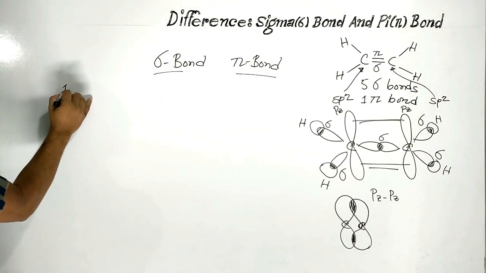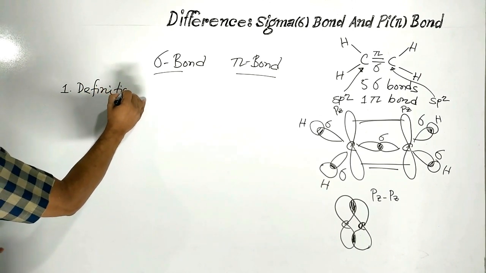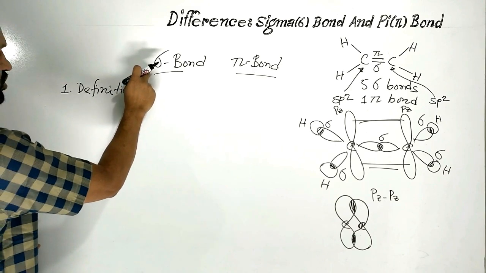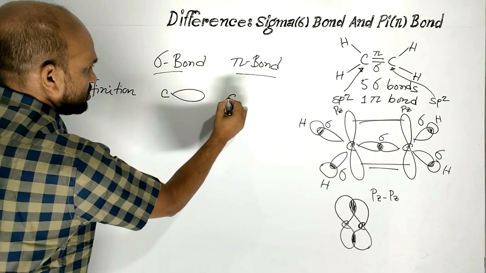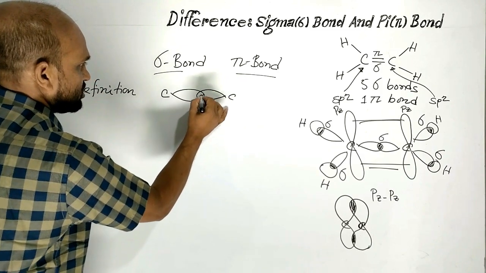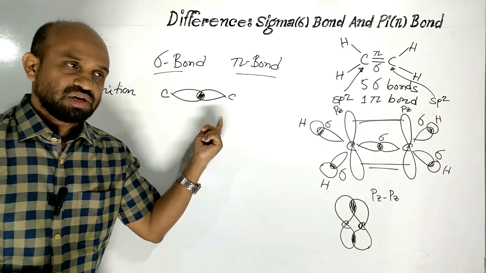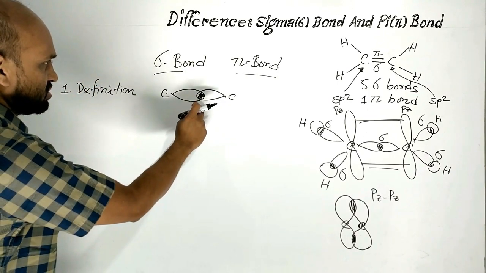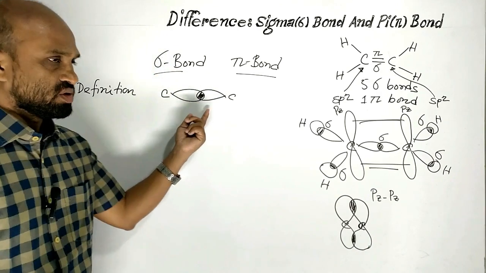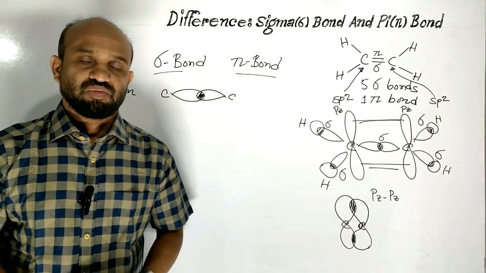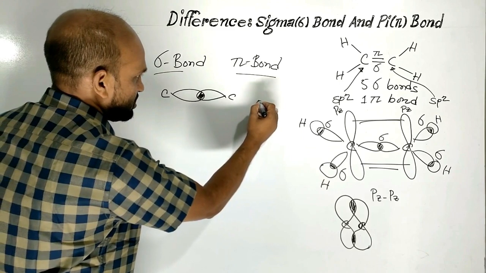First point is definition. Definition of sigma bond: the bond which is formed by head-to-head overlap of orbitals. Sigma bond is formed by head-to-head overlap of orbitals, but pi bond is formed in this way.